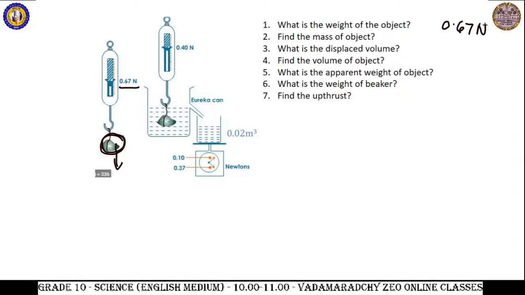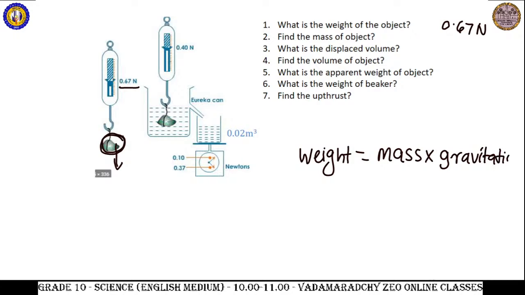We have already studied that weight is equal to mass into gravitational acceleration. Here, the weight we have already found, that is 0.67 Newton.